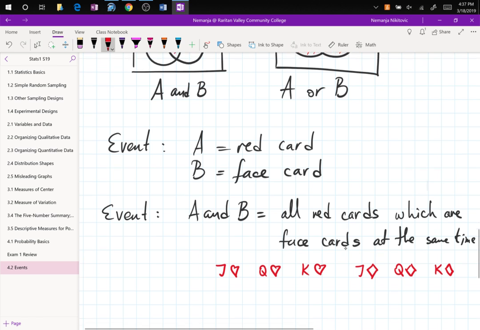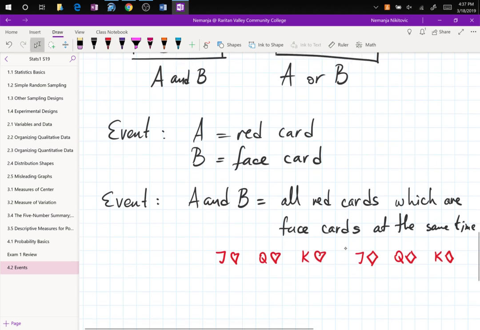Yeah, whatever. So this is AND. And you have exactly 6 out of 52 cards. So 6 out of 52 is the probability to pick a card which is both of these events at the same time. 6 out of 52, which is 3 out of 26. So that's your probability to pick.